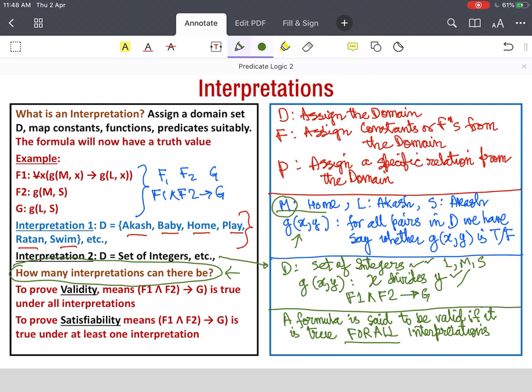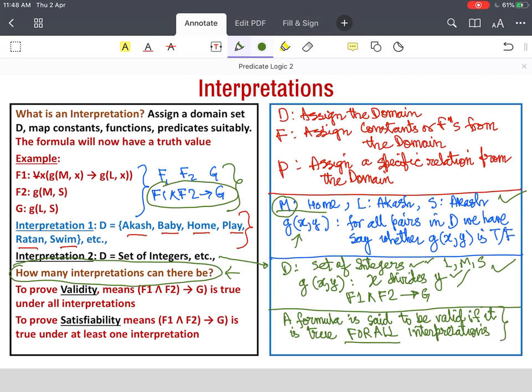And in order to prove that a formula is valid, for example, in this case F1 and F2 implies G, we know that this formula is valid. Whatever interpretation we put to this formula will always be true, irrespective of whether you define this domain or this domain or any other domain.